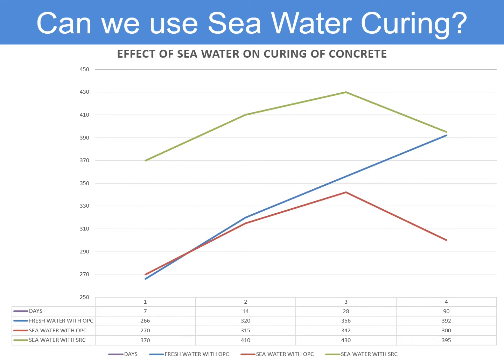So if it is required to go for seawater curing only, then it is better to adopt SRC cement rather than going for OPC cement, because by choosing the OPC cement, your compressive strength drops drastically starting from the 14 days, 28 days and 90 days.